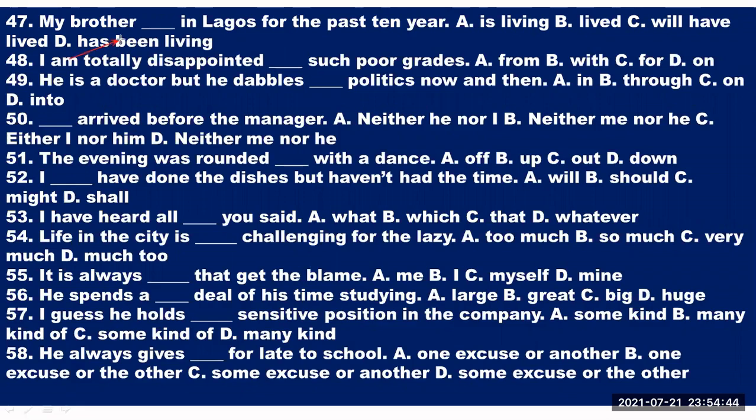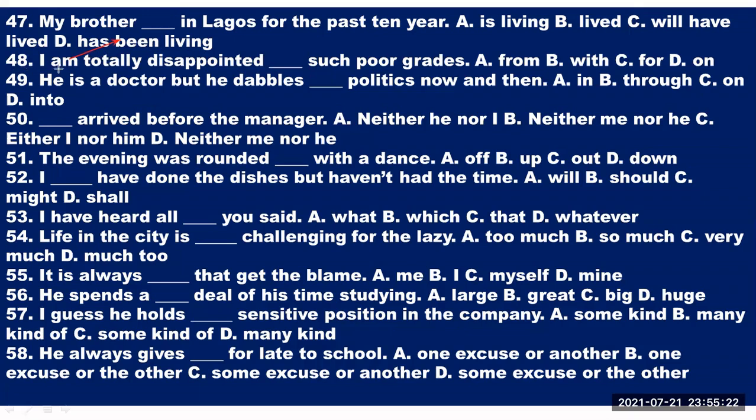So here, when we were looking at the uses of the tenses, we saw that the present continuous tense can be used to talk about an action that started in the past and is still going on right now. So my brother has been living in Lagos for the past 10 years. And there's nothing that suggests that he's no longer living in Lagos. So that is what makes has been living appropriate.